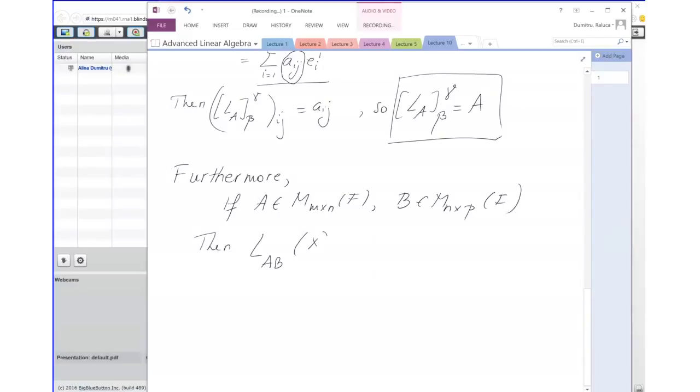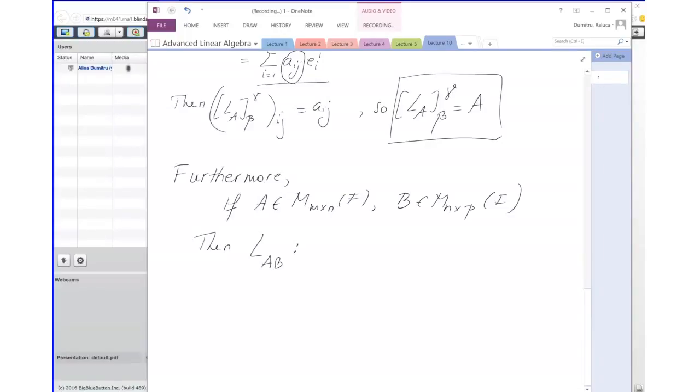This transformation, when applied to a vector, so first of all, what were the domain and codomain of L sub AB? Yeah, like what are the spaces?